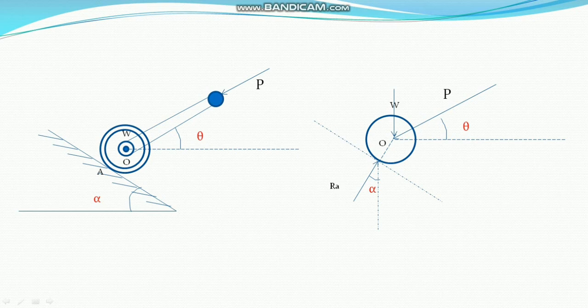So next is another example. Let us have two pivot points A and C, from where two cables are connected together, and one electric bulb is hanging here.